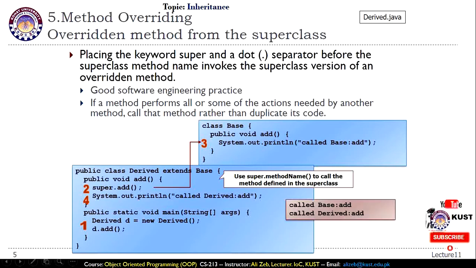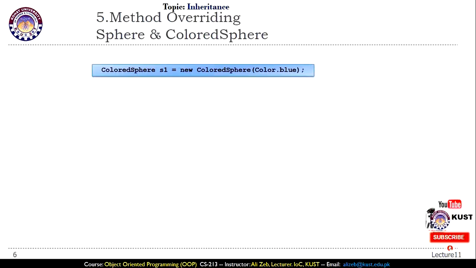So we can see that the print statement of the superclass's add method is displayed first, followed by the print statement of the derived or the subclass. So we can see that we can use the super keyword and the dot separator to differentiate between the methods from a superclass and a subclass.